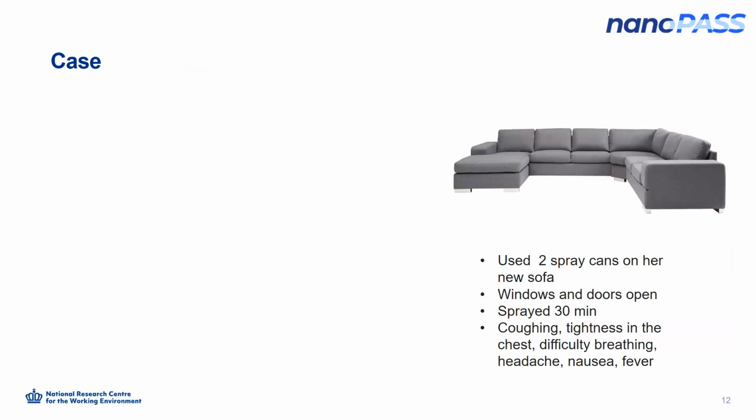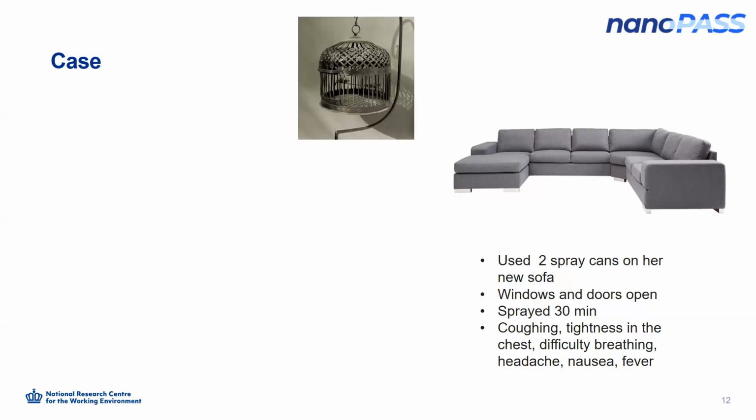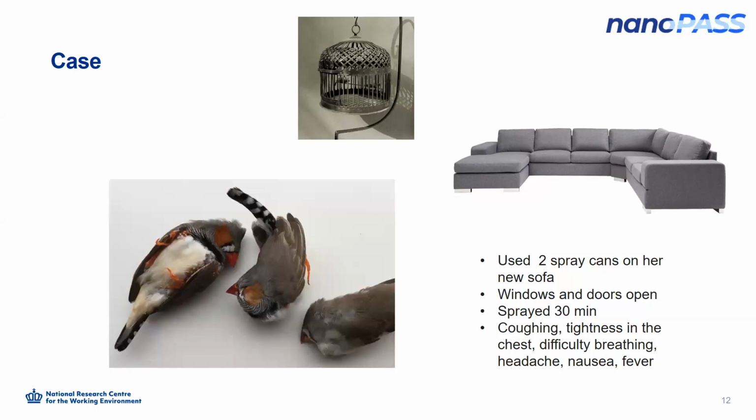They had a tightness in the chest and difficulty breathing, headache, nausea, and fever. So in this particular case, the person also had a bird cage in the living room where the sofa was. The person went to hospital to be treated, and when they came back, they also found that all the birds were dead.